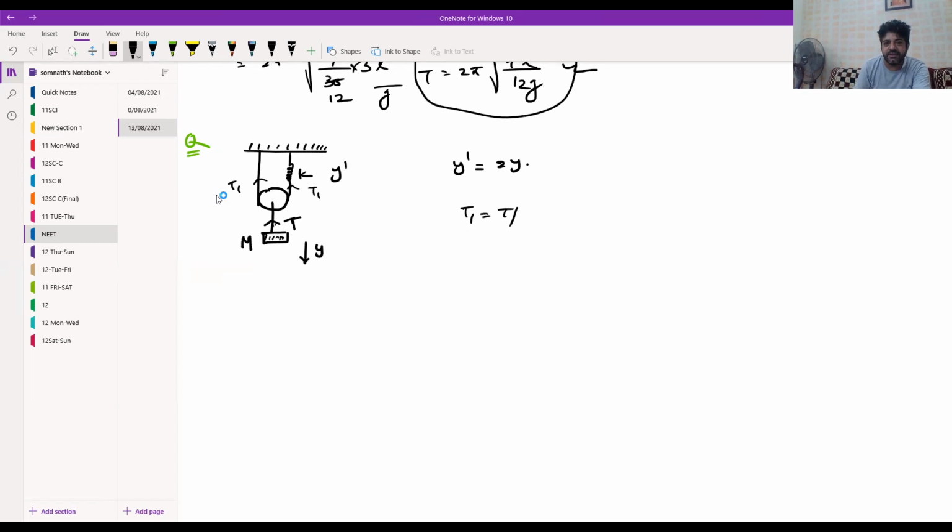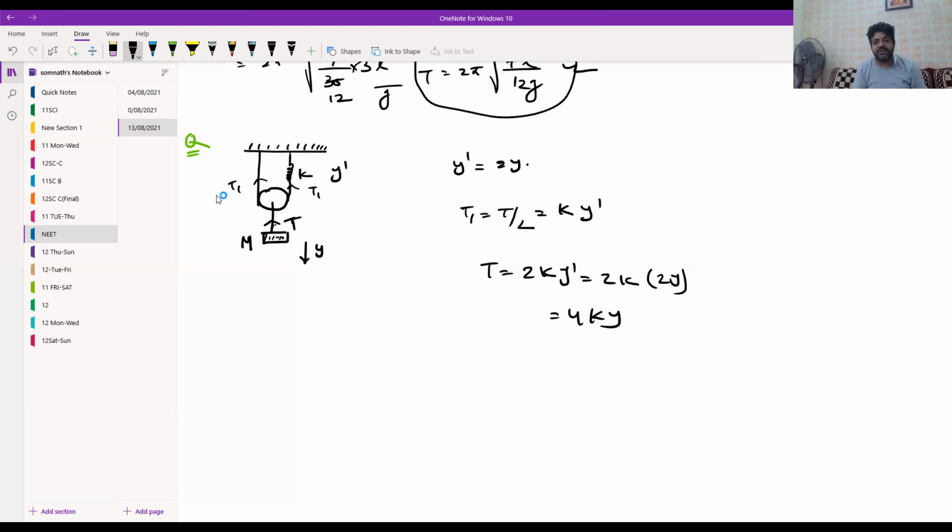T1 is T by 2, which equals the spring elongation, k y1. So the tension on the spring is 2k y1, and y1 is 2y. So you have 4ky. So your tension is 4ky.